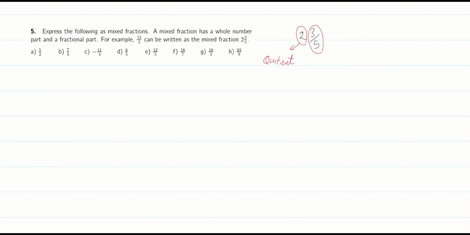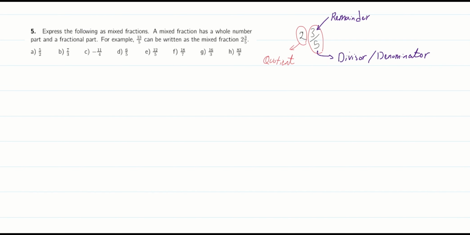Then the remainder stays on the top. So this would be the remainder. And the divisor or the denominator stays the same. So this would be the divisor or the denominator.